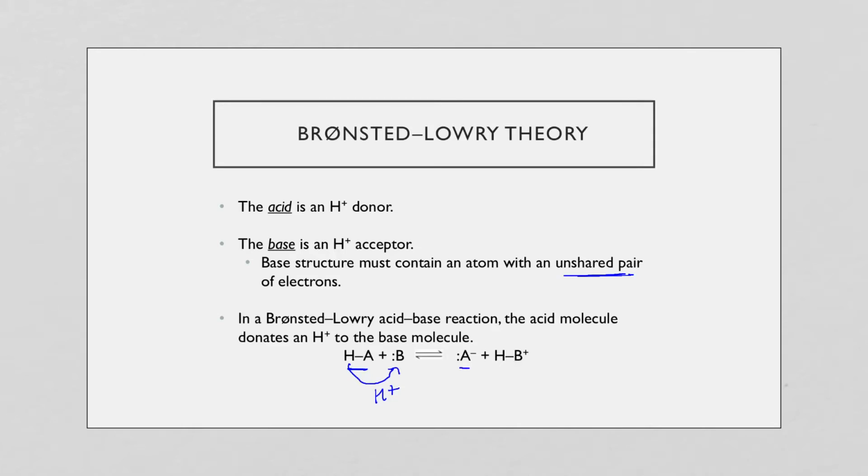And what we're left with, right, is a negative ion and a positive ion, which is the base plus an extra H plus, right? So the acid loses a positive charge and leaves a negative ion behind. The base gains a positive charge and generates a positive ion with an extra hydrogen, of course. And so this is a Bronsted-Lowry reaction.